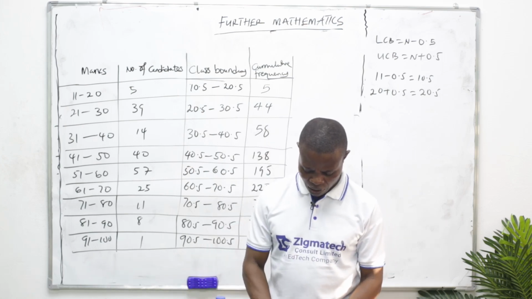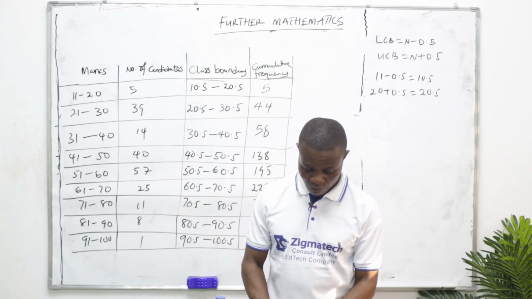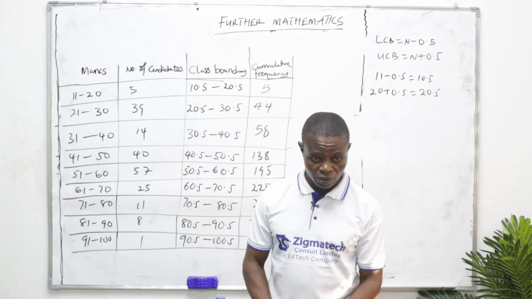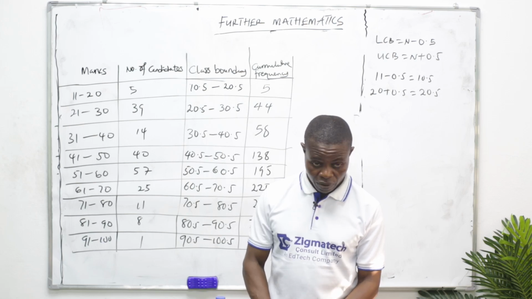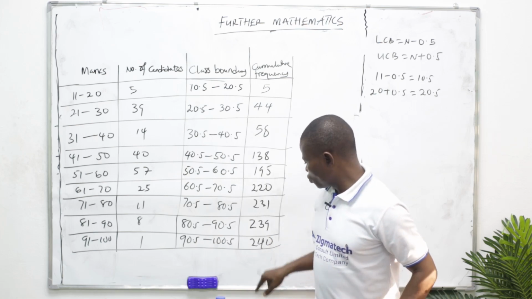5 plus 39 plus 14 plus 40 plus 57 plus 25 plus 11 plus 8 plus 1. Okay, that's 200.